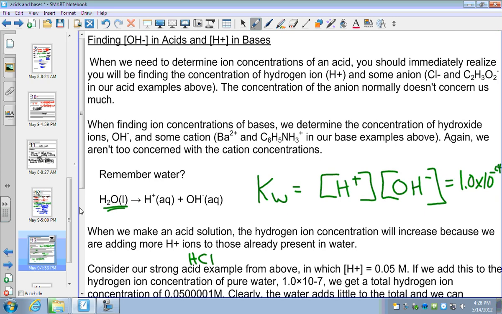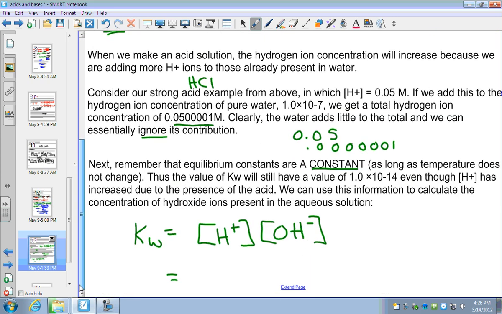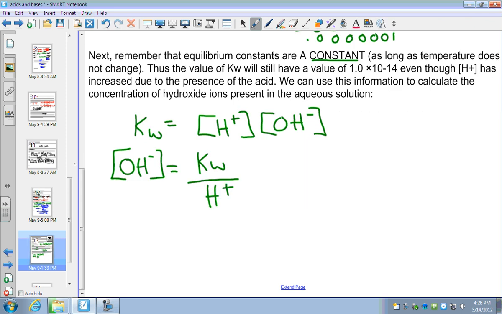In the HCl example here, we found that the hydrogen ions had a concentration of 0.05 right there. So we could solve this for OH, and that would be Kw divided by H. Subbing in the values that we know, Kw we said for water was 1.0 times 10 to the minus 14. We found that the concentration of H in HCl was 0.05.